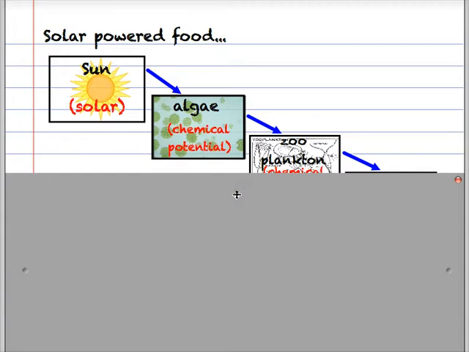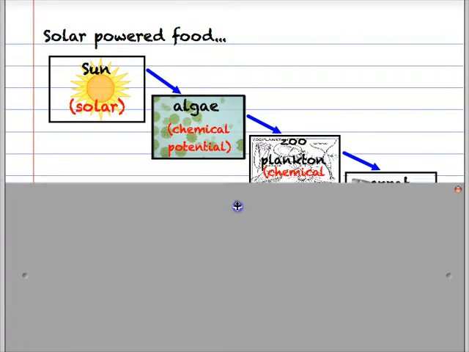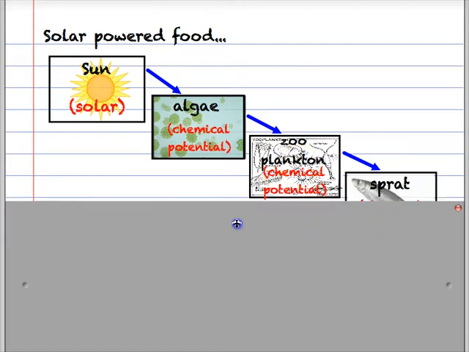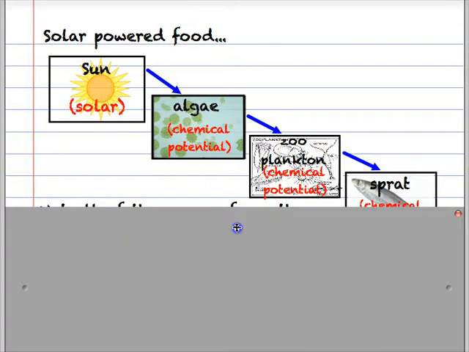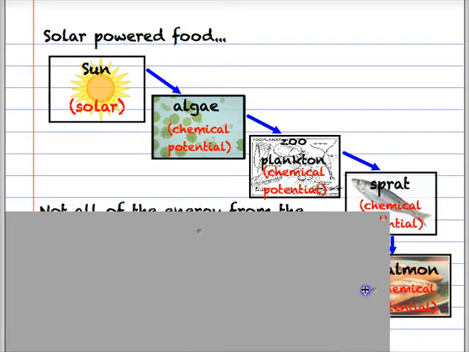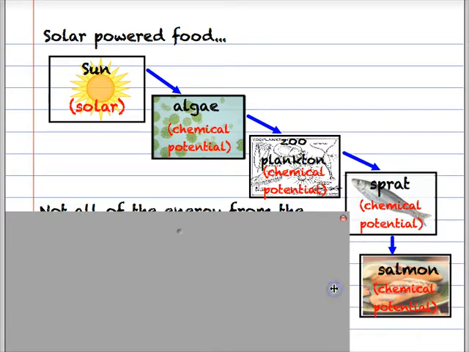Zooplankton, the smallest little animals in the ocean, eat the algae, and they get that chemical potential energy into their little bodies. Small fish, sprats, for example, eat the zooplankton, and again, then the chemical energy passes into their bodies. And finally, salmon eat those sprats, and the chemical potential energy passes into their bodies. And then we eat the salmon.